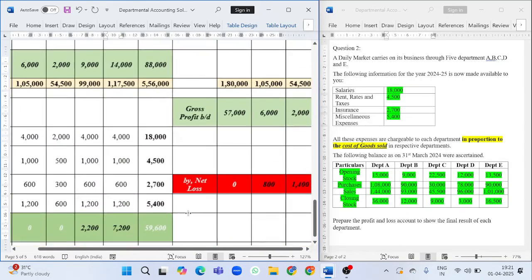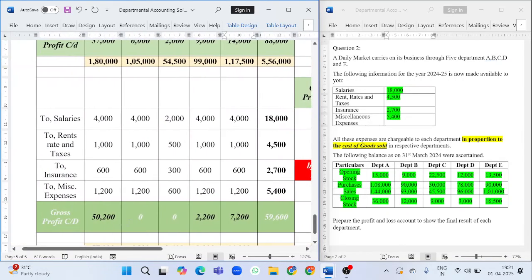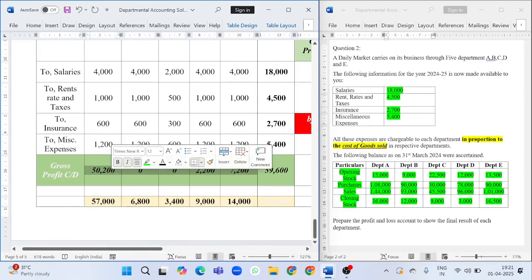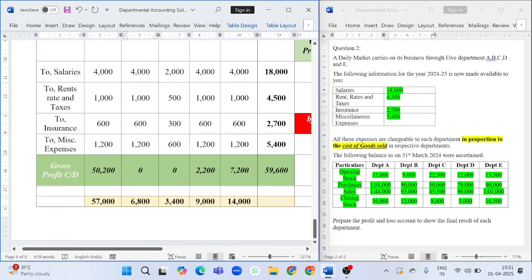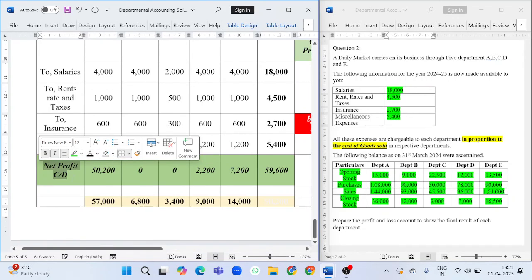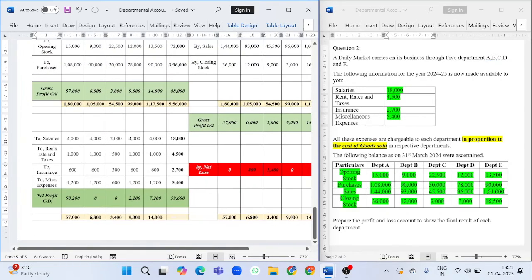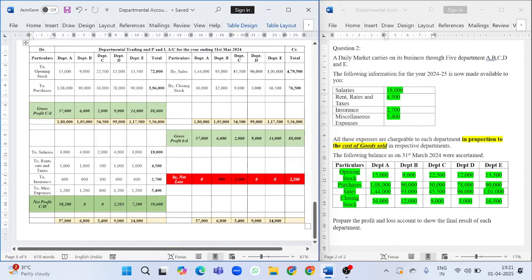So now listen carefully. On the debit side I have got some balances. So this 56,000, when you add all these three things, you will get. So I have got some balance. These are all my net profit. So for department A, I have net profit. Department D, I am having net profit, and department E, I am having net profit.